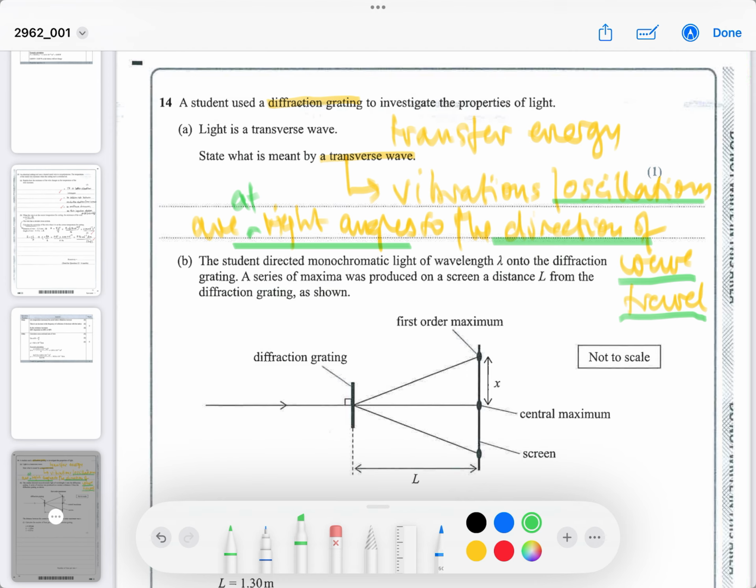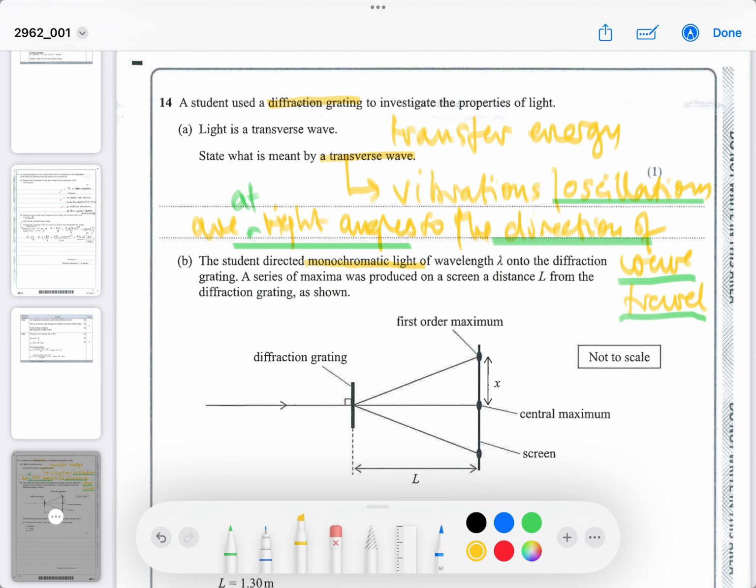So waves transfer energy and in transverse waves the vibrations are at right angles to it. What are the other ones called? Longitudinal waves, they are the vibrations are in the same direction as, or backwards and forwards in parallel to, the direction of wave travel.